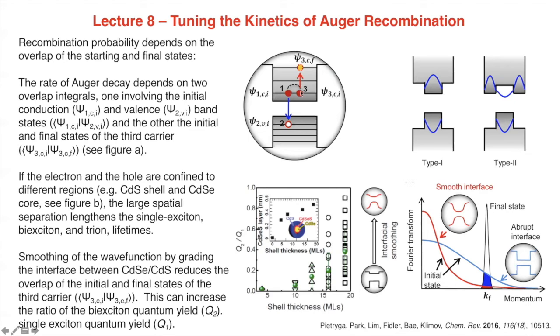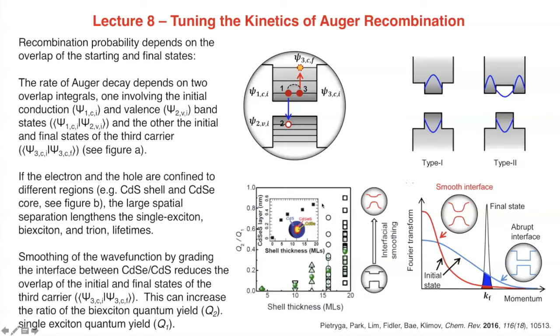So, if you have this negative trion here and the electron is dropping down to fill the hole and transferring the energy to this third electron, the third electron is moving way up in energy to a higher energy state. And so by modifying the nanocrystal, you can change the degree of that coupling. And that coupling then will influence the radiative probability.